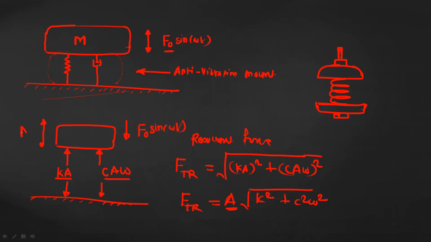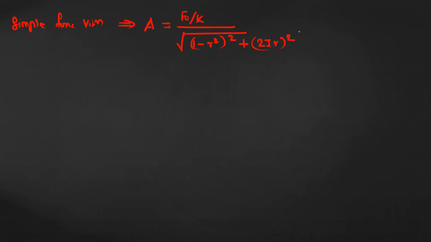It is similar to forced vibration. If you refer to the equation for simple forced vibration, we have the equation for amplitude as A equals F0 upon K upon the square root of [1 minus r squared] squared plus [2 zeta r] squared.